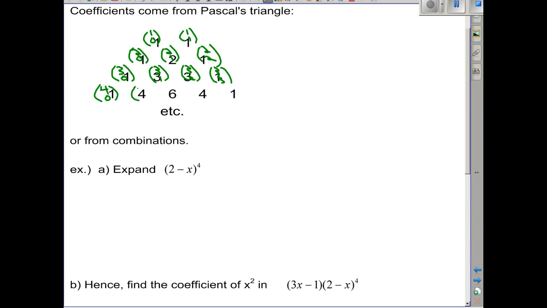Then 4C0, 4C1, 4C2, 4C3. And just as a point of interest, not that you're going to be responsible for this explicitly, this is where nCr comes from.